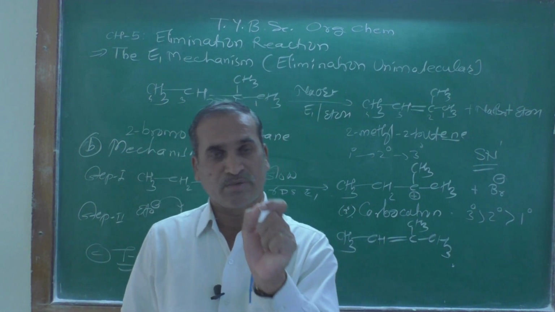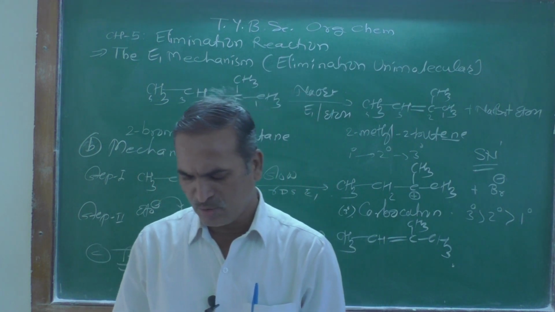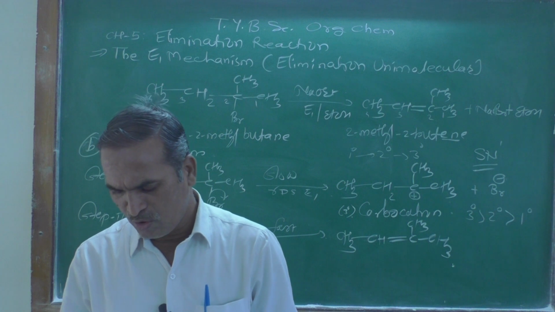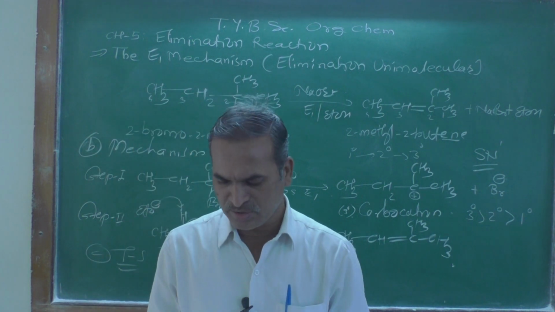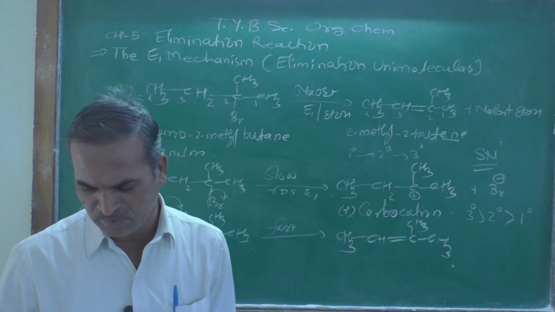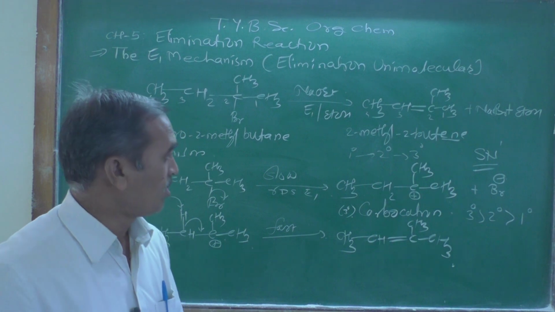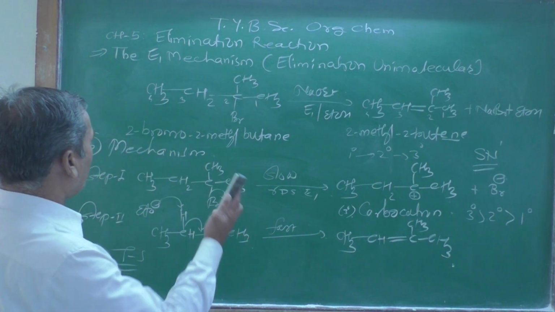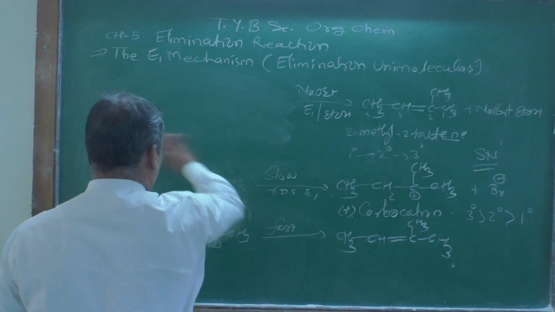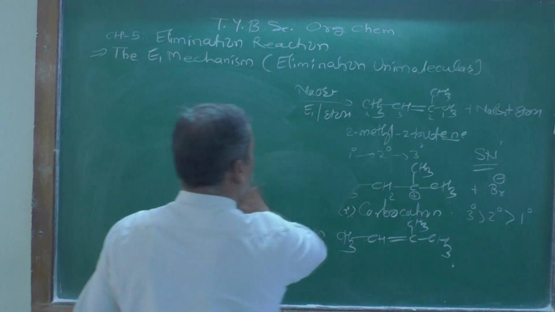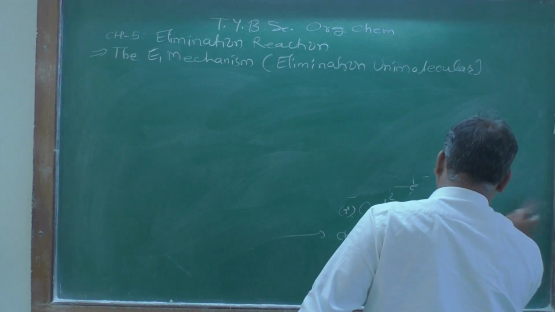And the third one is elimination of the beta hydrogen to form an alkene by the E1 reaction. So this is the third possibility, and we get the formation of the product. These are the three possibilities that occur when the carbocation is formed.